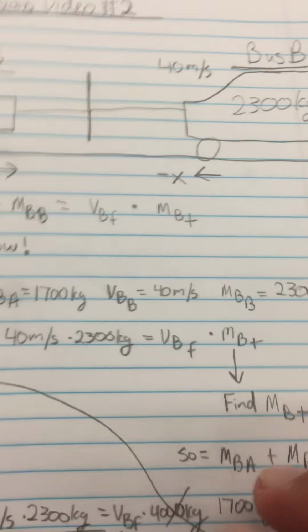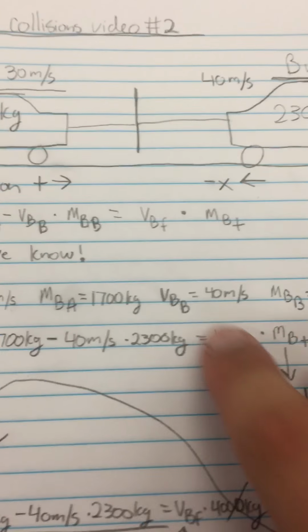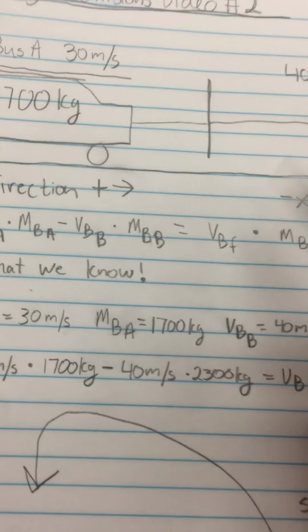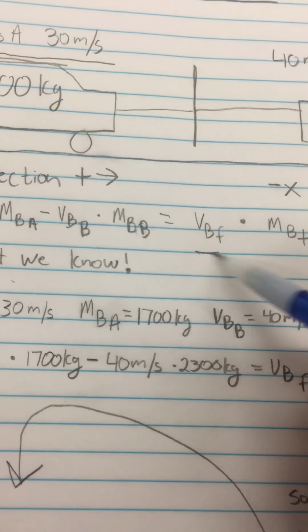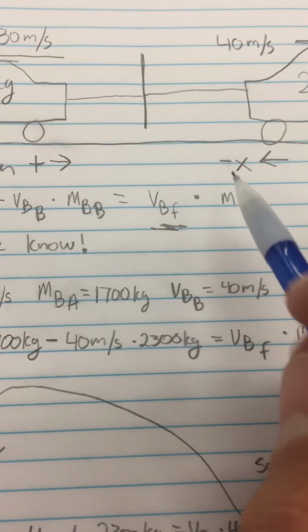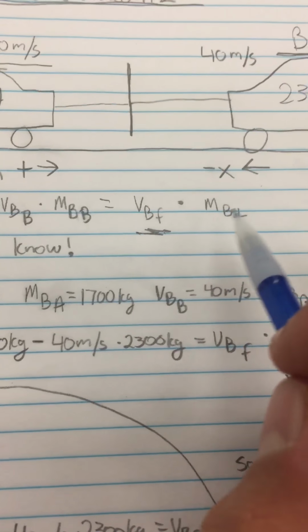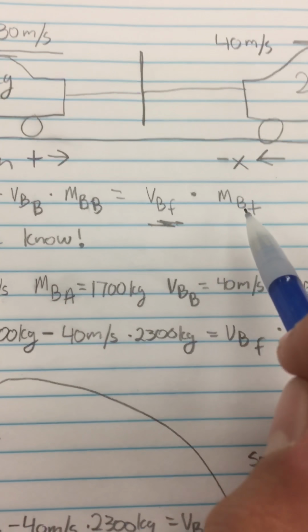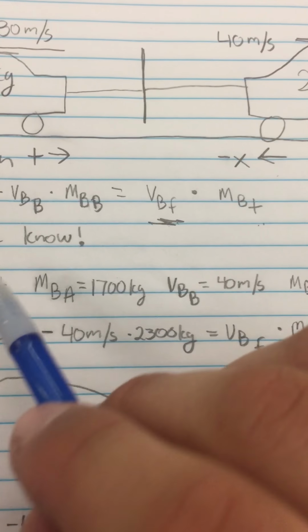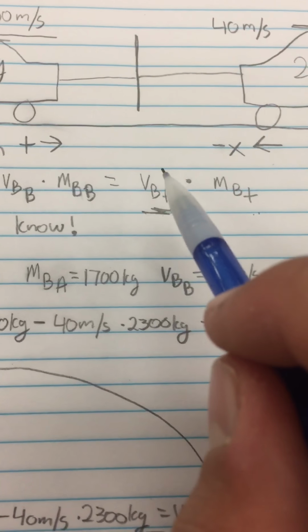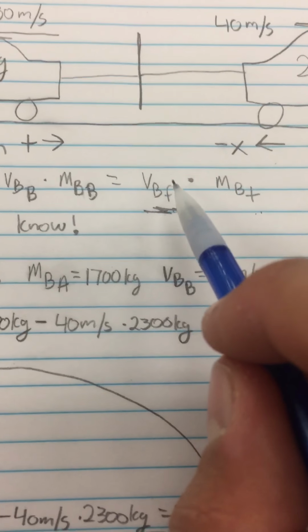And so the problem is we still want to find this for our final answer. So what we have to do is find out what this is first, so that we can get this to the other side of the problem and work out our velocity of bus final.